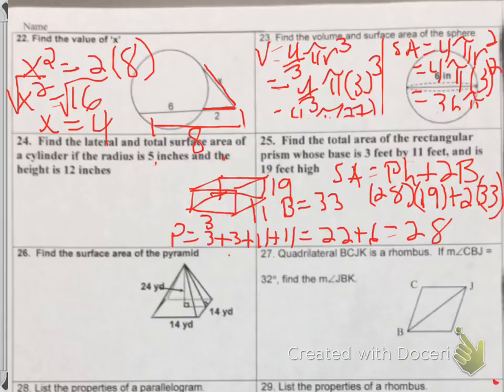Okay, so let's put this all together. And so I get 28 times 19, 532, plus 2 times 33, which is 66. That gives me a grand total of 598 in the end. There's your total surface area.